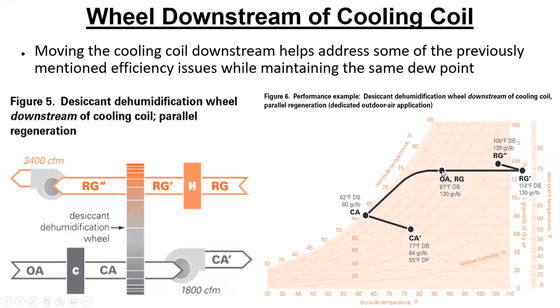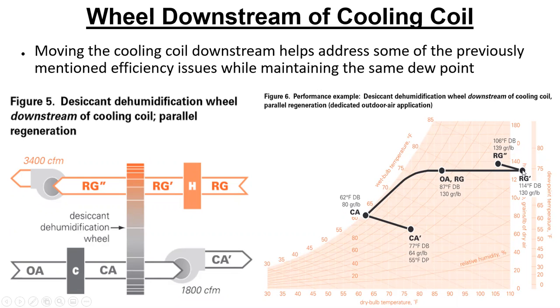The regeneration air and our ventilation air are both outside air. The regen now is going across a heater still, but it's only heating to 114. Wow, that's a big difference. Previously we were heating to 250.